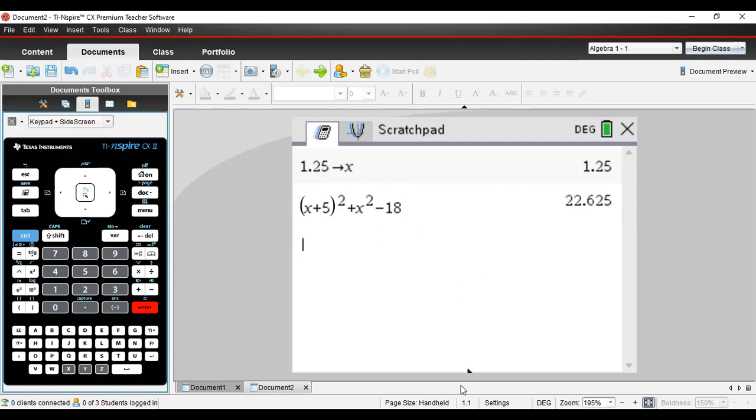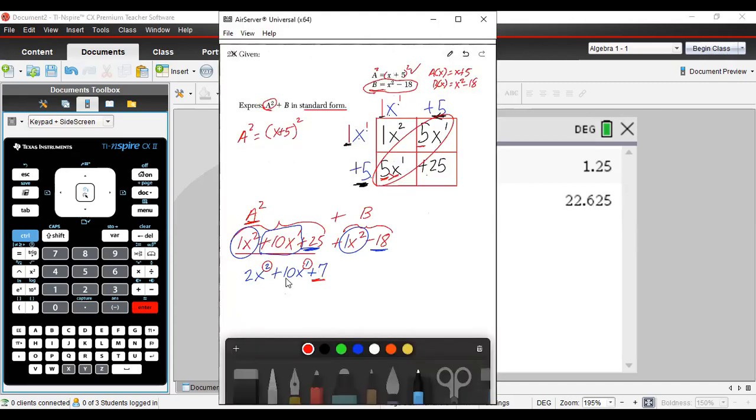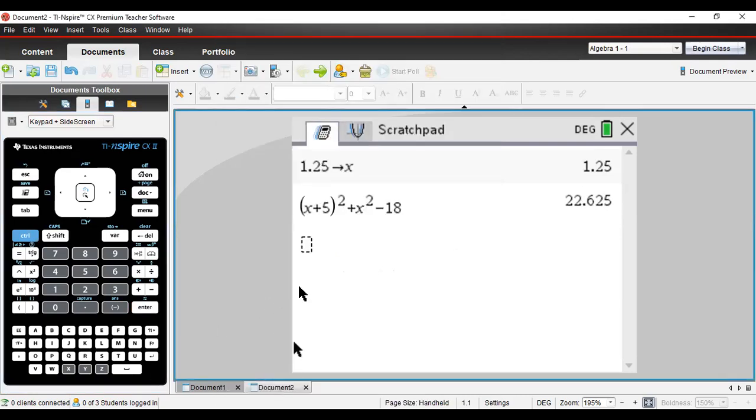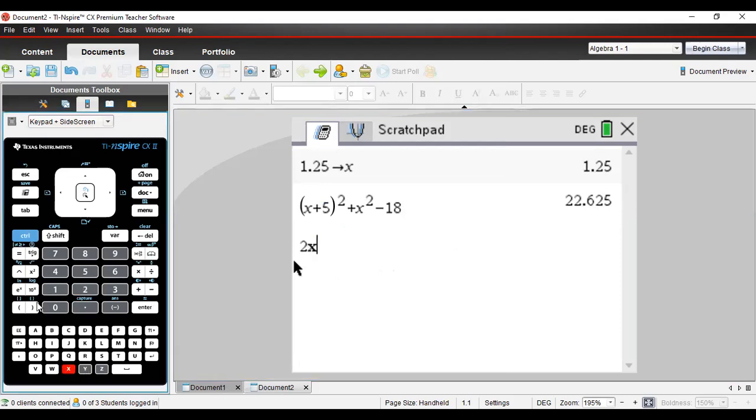So now, if our algebra is good, if we haven't made any mistakes, when we type in our final answer, this 2x squared plus 10x to the first power plus 7, we should get 22.625. So let's see. So I'm going to go 2x squared plus 10x plus 7.